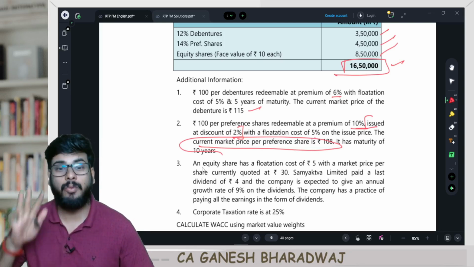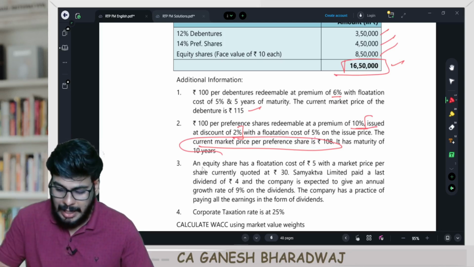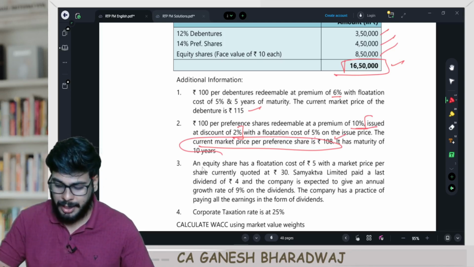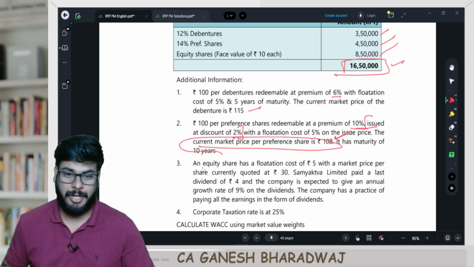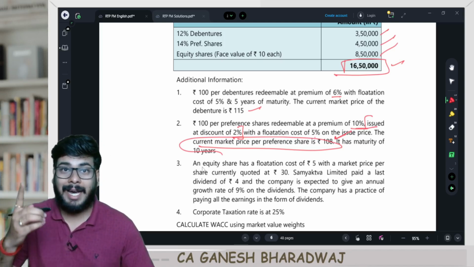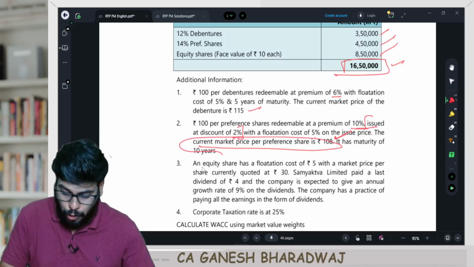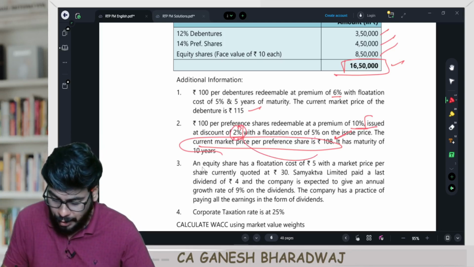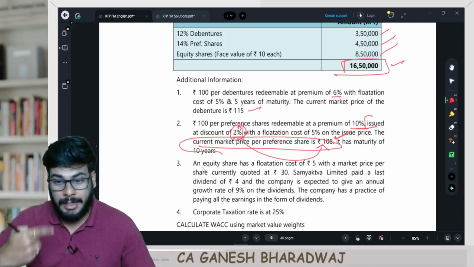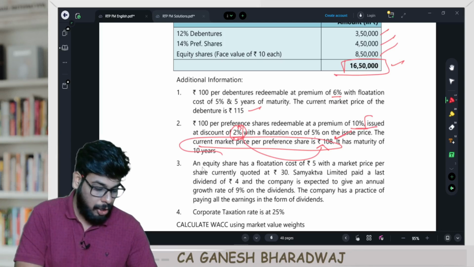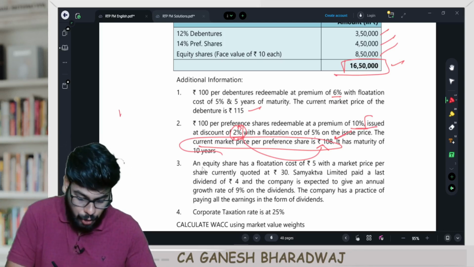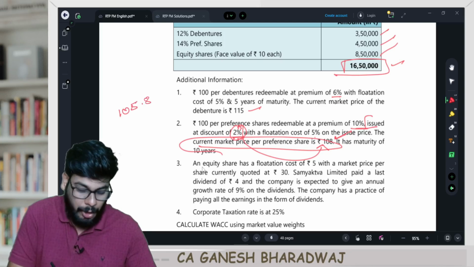Now what they are trying to mean is, currently, if you go to the secondary market and want to buy the preference shares, it will be quoting at 108 rupees. Because they are issuing directly to the public, they are planning to issue it at a 2% discount compared to the market quote. So the issue price will be 108 into 98%, which is 105.84.